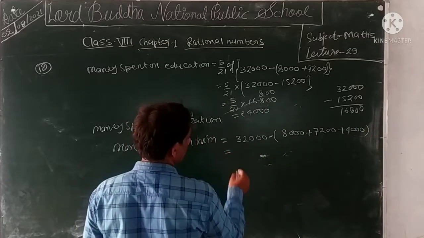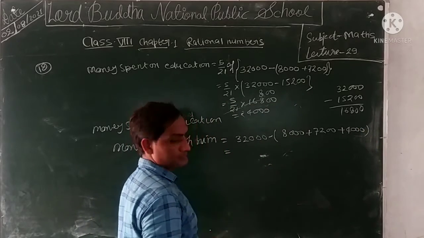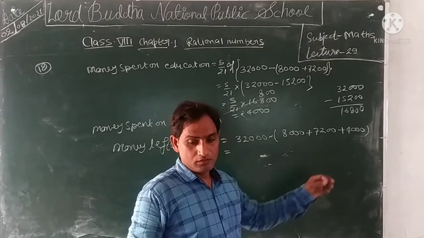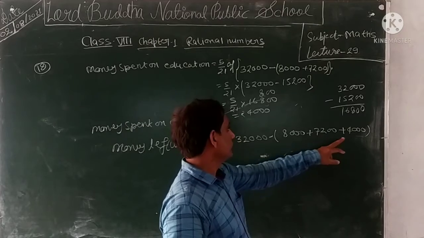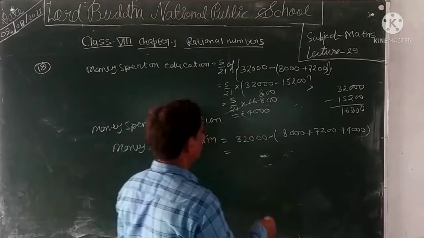Means here the total money will be 8 7 15, 5 4 19.